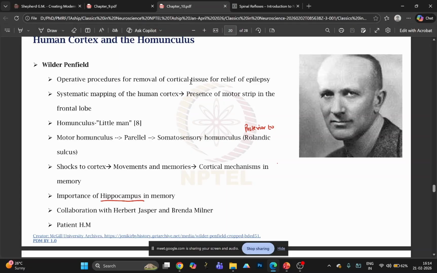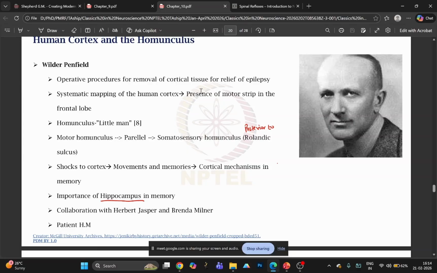Epilepsy is a neurological disorder in which people have seizures that may arise due to different lesions in different parts of the brain, or even without any lesion, because of an imbalance of excitation versus inhibition and so on.